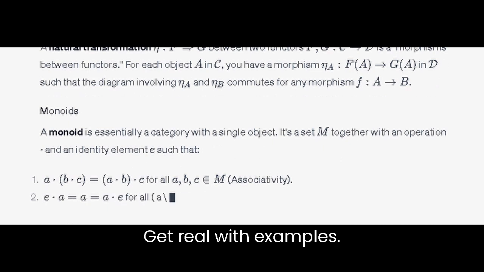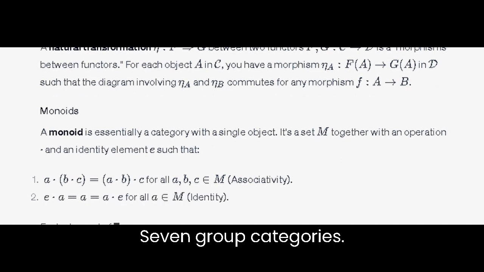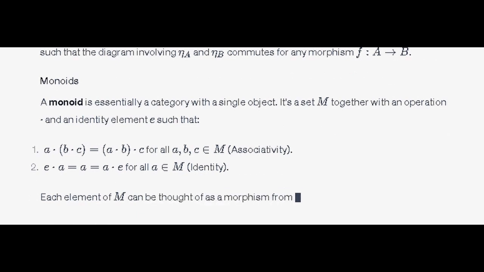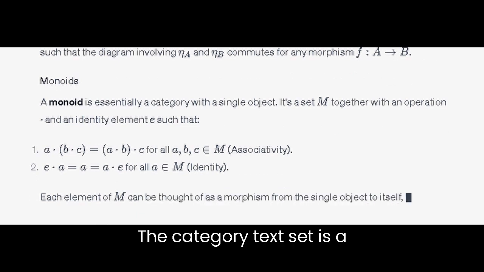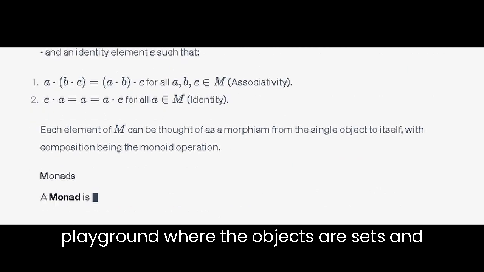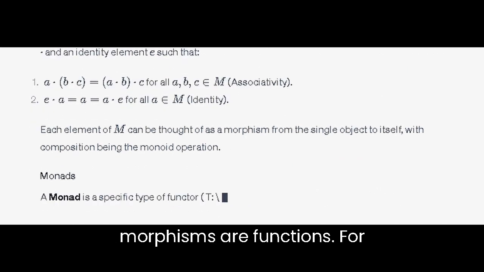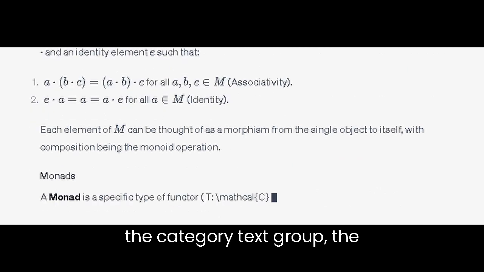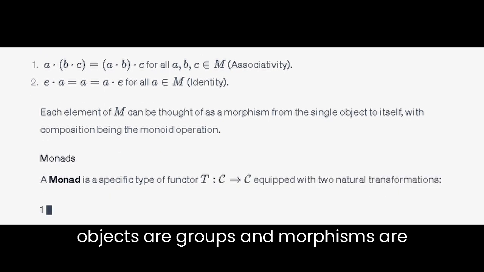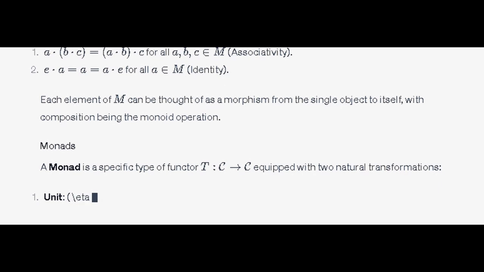Get real with examples. Set and group categories. The category \text{Set} is a playground where the objects are sets and morphisms are functions. For the category \text{Grp}, the objects are groups and morphisms are group homomorphisms. Functors in action.